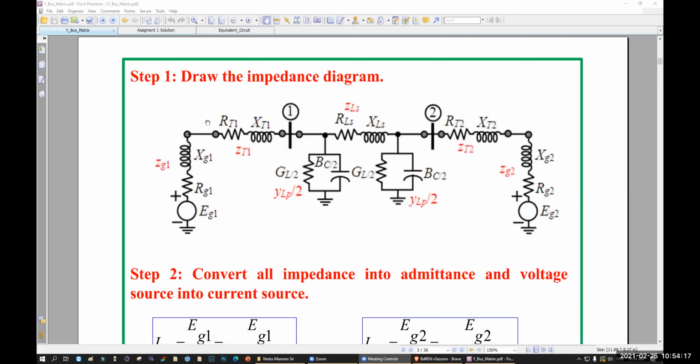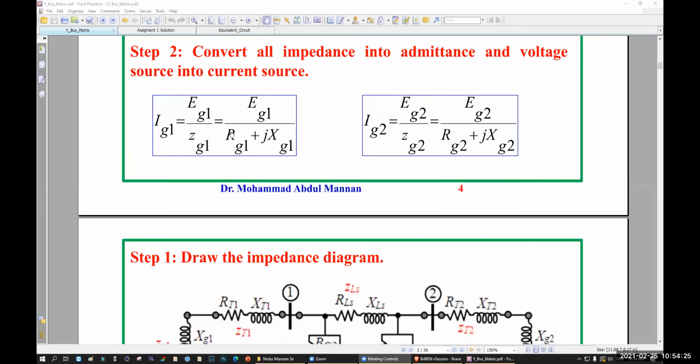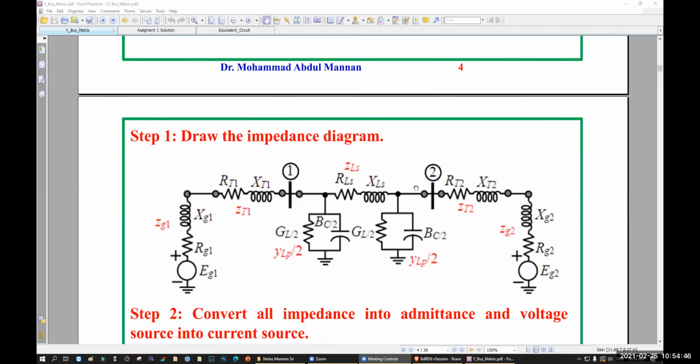So what is the current flowing from here to here? Voltage divided by impedance, right? So Eg1 is the voltage, Zg1 is the impedance. If you divide them, that is your Ig1. What is your Ig2? Again, same thing. Eg2 divided by Zg2. These are all formulas. These are not math. Remember, these are all formulas. Eg2 divided by Rg2 plus jXg2.